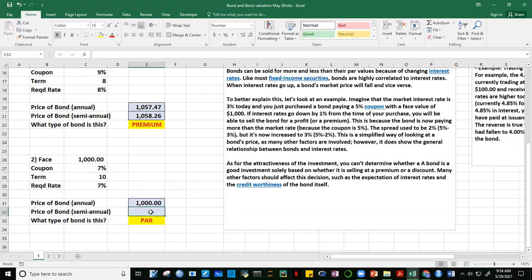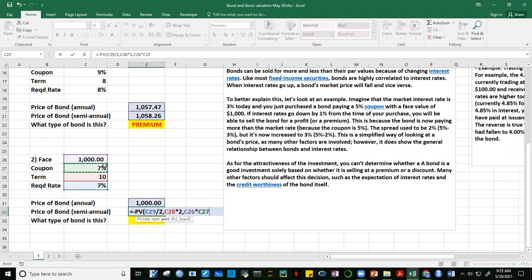So even if this is semi-annual, so negative PV, the rate is 7% divided by 2, comma, NPER is 10 years times 2, and then comma, PMT is 1,000 times 7%. Then we have to divide it by 2 because it's semi-annual. Future value is 1,000.